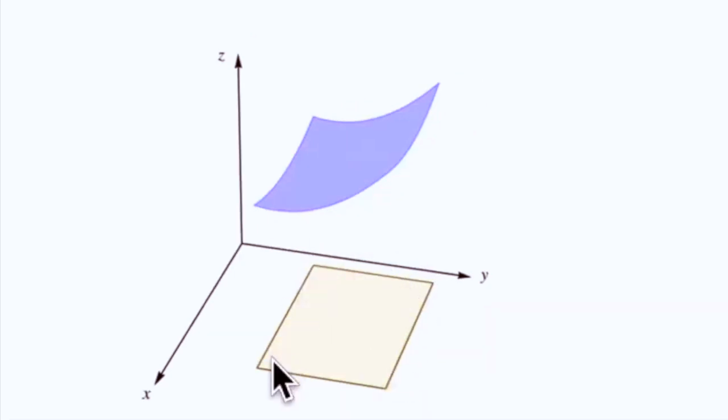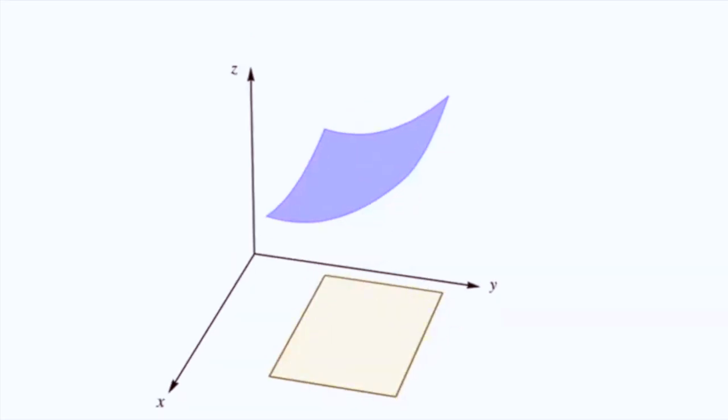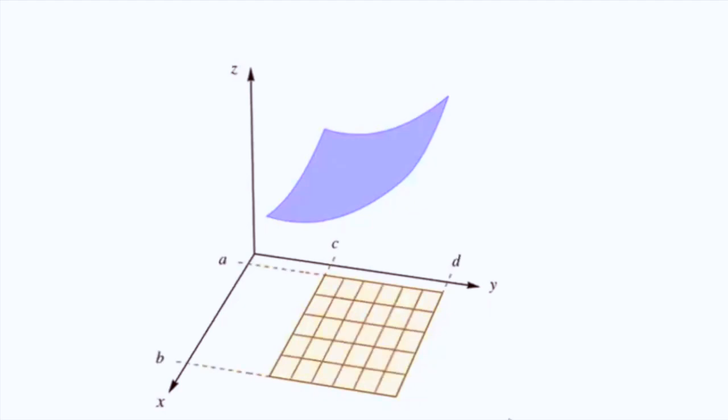It should be a rectangle over here. Now you partition the rectangle into subrectangles, and you pick one arbitrary subrectangle. Let's just pick this one. You pick a random point inside the subrectangle. So this is xij star, yij star, and the z coordinate of that point should be 0, right? It's on the xy plane.